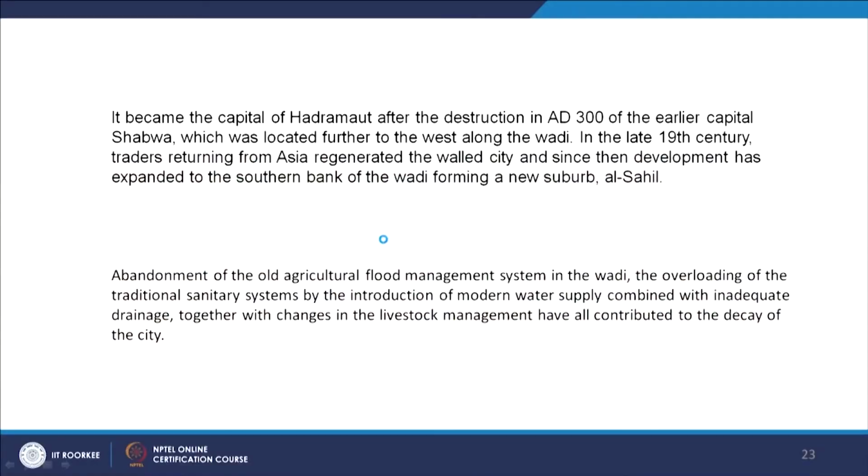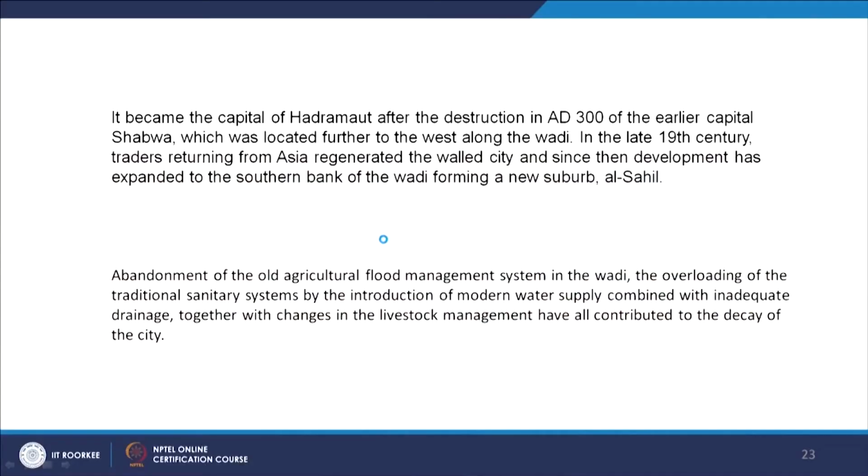But gradually, the abandonment of the old agricultural flood management systems, which we discussed as one of the threats components in the Wadi, and the overloading of traditional sanitary systems by the introduction of modern water supply combined with inadequate drainage, together with changes in livestock management, have all contributed to the decay of the city.